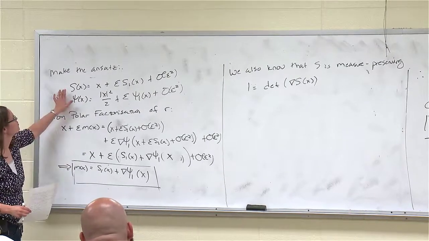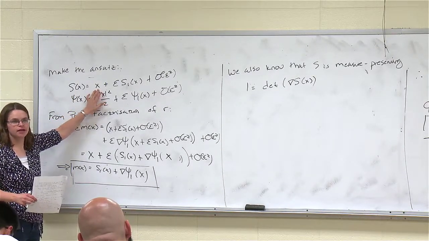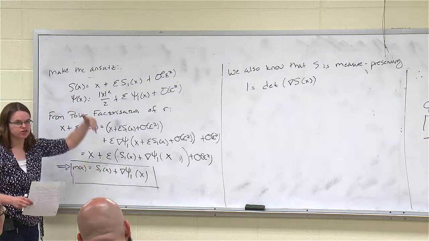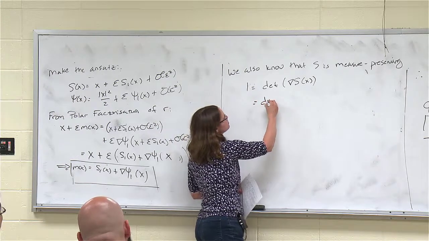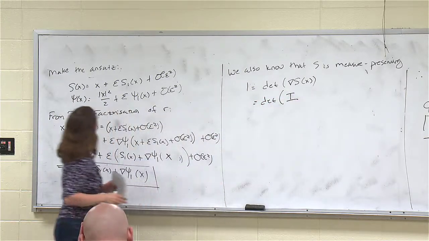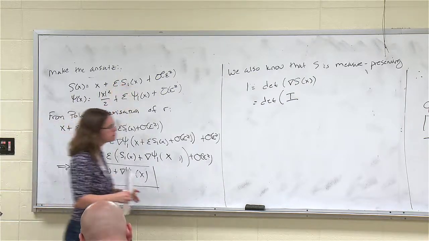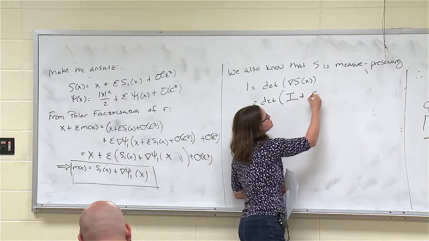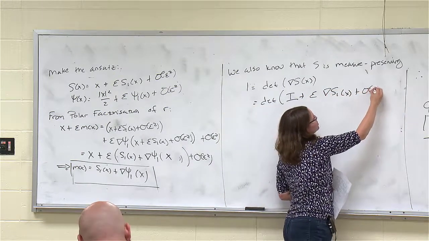Okay, so come over here. The determinant of the identity is just the identity matrix. So this is the determinant of the identity plus epsilon times the Jacobian of this thing, plus higher order terms.